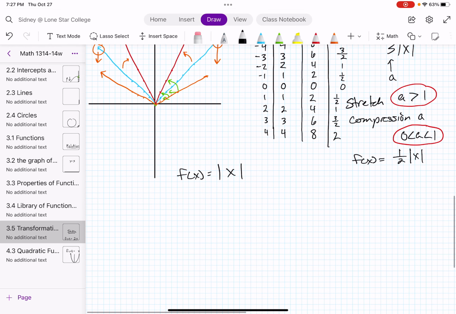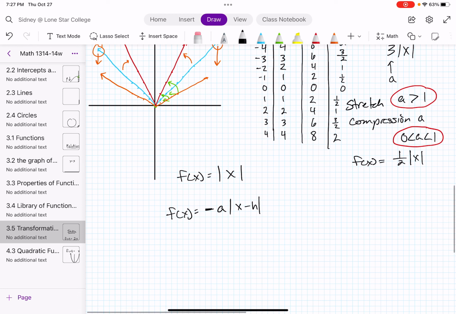And so the last thing I want to say in this video is this: if we bring together all of what we know, we can do this. All of these different things. So just to label these real quick, this was our reflection over the x-axis.